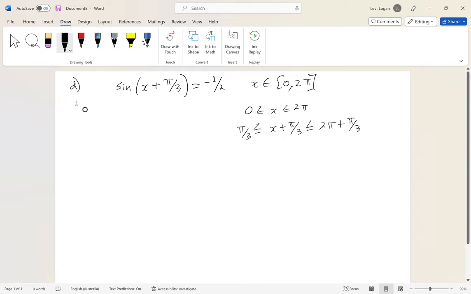Sorry guys, bear with me. So just using a calculator, sine inverse of -1/2 is going to be negative. This computer is not working that well. It's -pi over 6, just using our calculator.